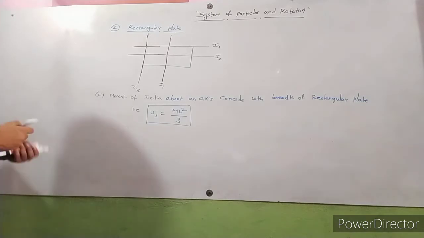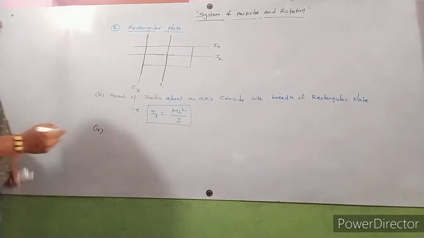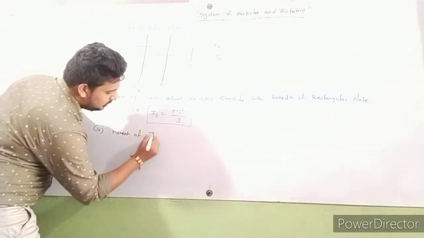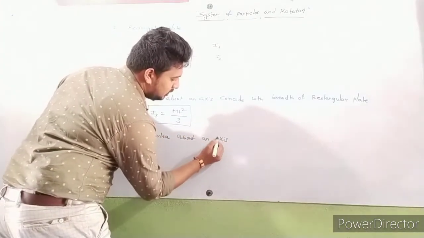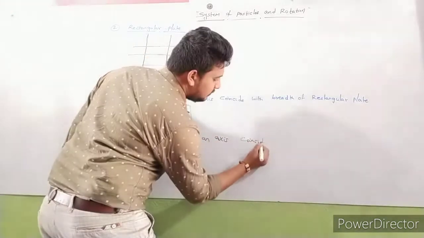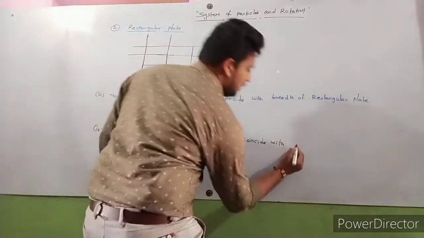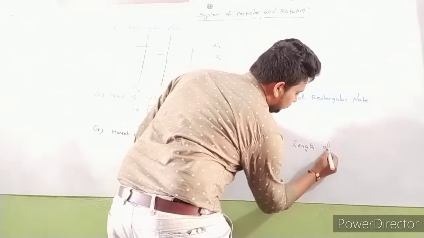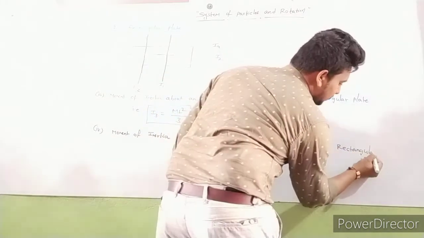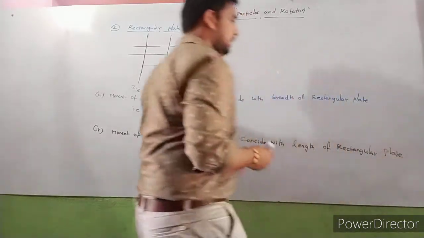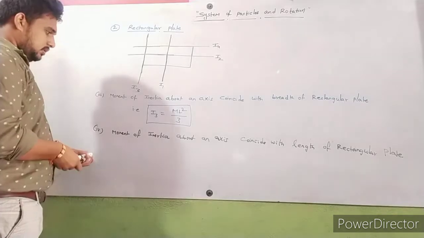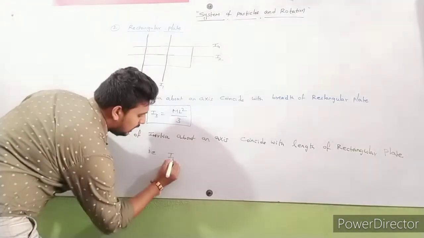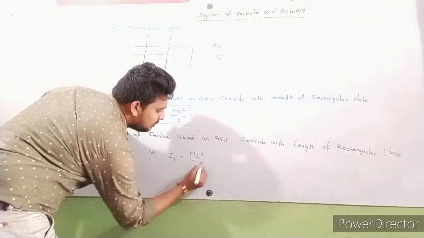Next, moment of inertia about an axis coinciding with length of rectangular plate, I4 is equal to mb square by 3.